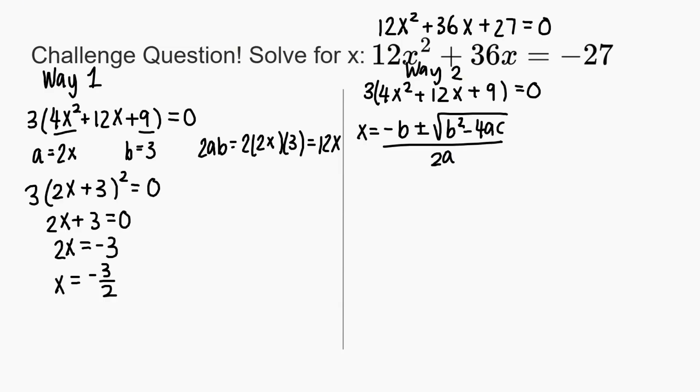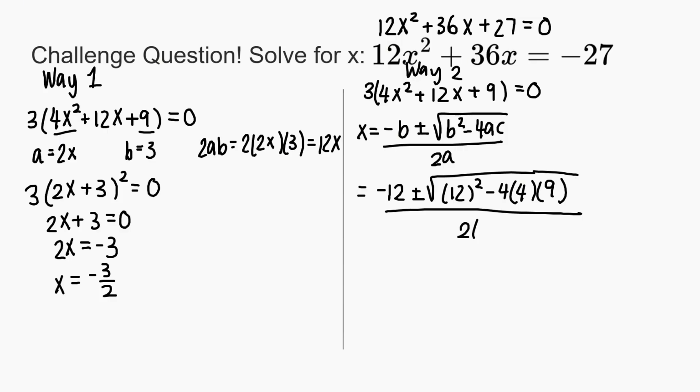2a, which is equal to negative 12 plus or minus the square root of 12 squared minus 4 times 4 times c, which is 9. 2a is going to be 2 times 4.